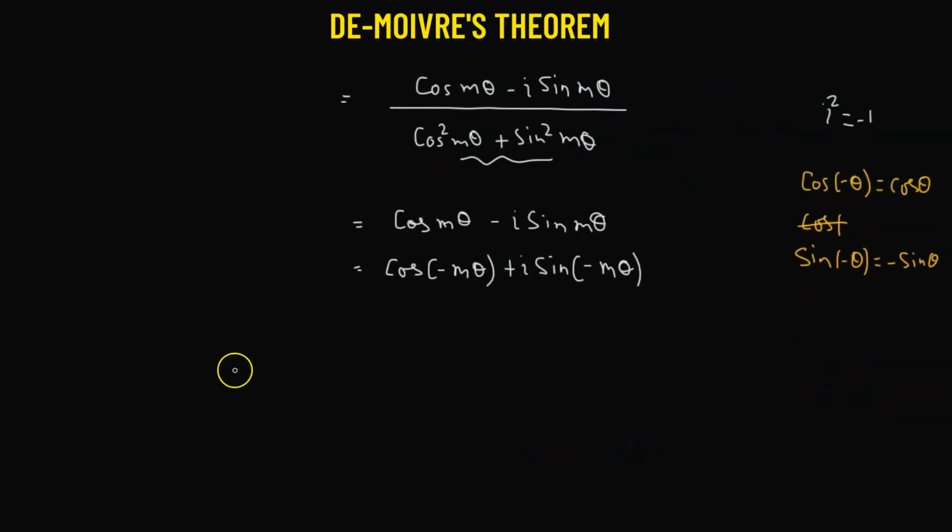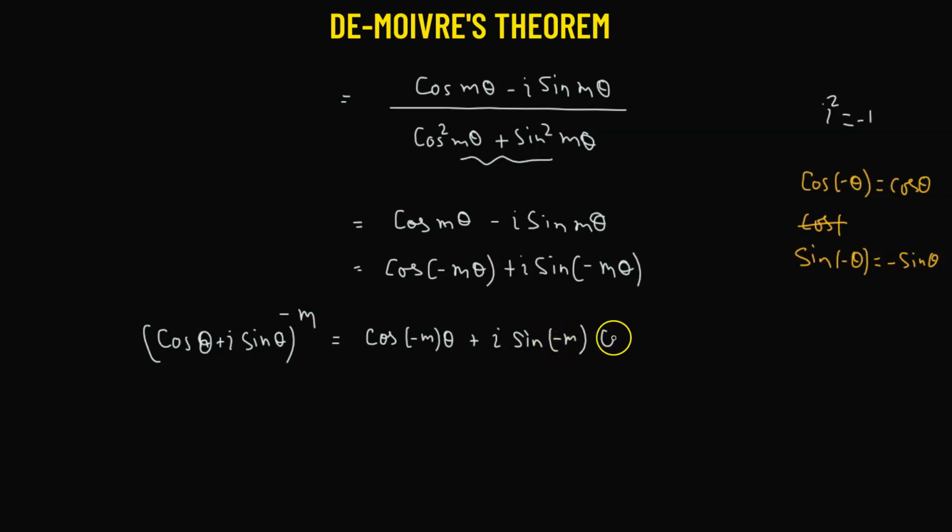Therefore, we started out with the fact that we have cosine of theta plus iota times sine theta raised to the power of negative m. So this is going to give us the value cosine of negative m times theta plus iota times sine of negative m times theta.